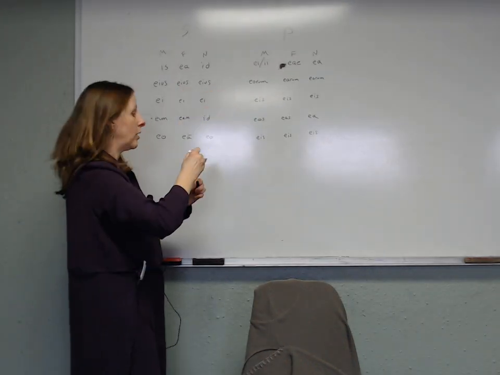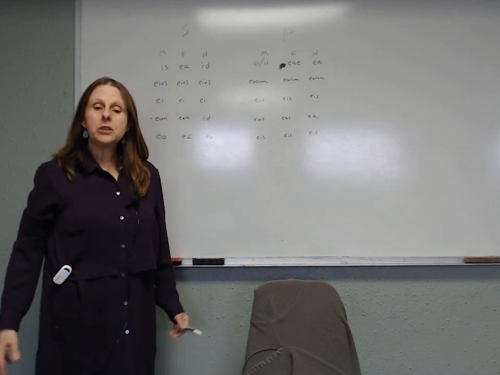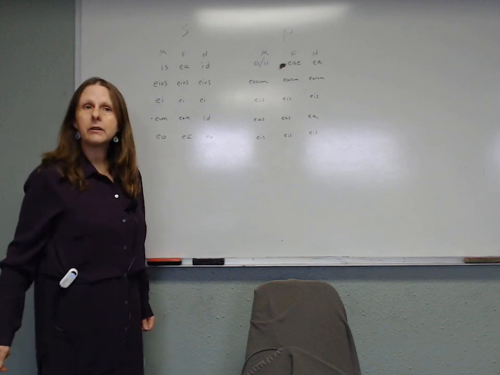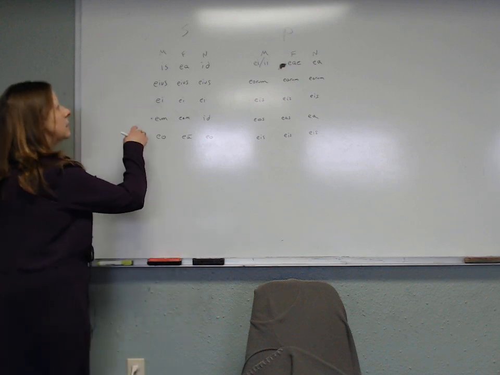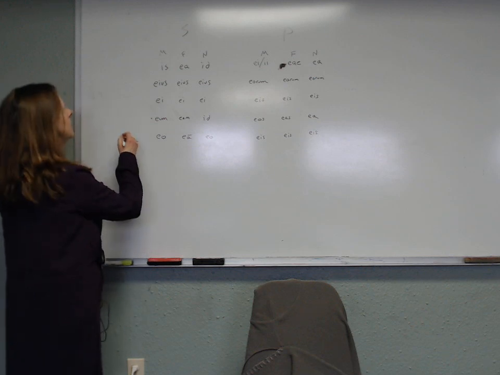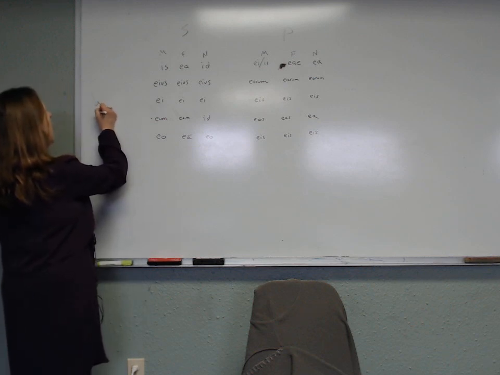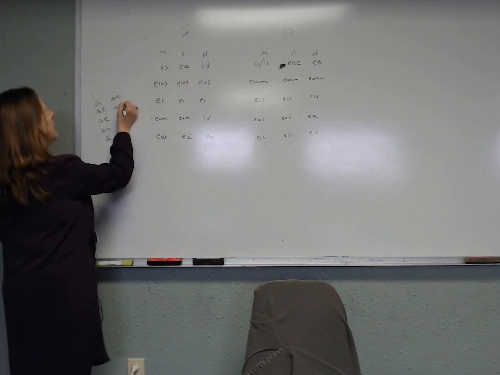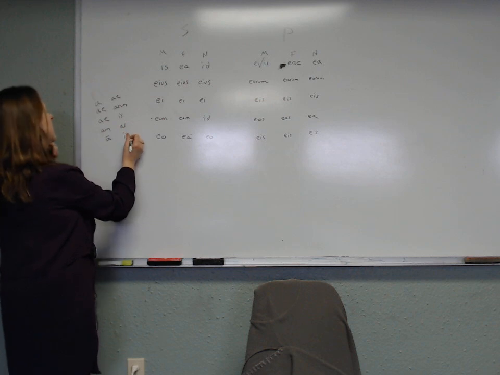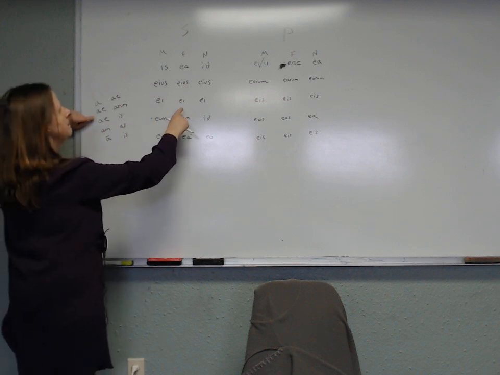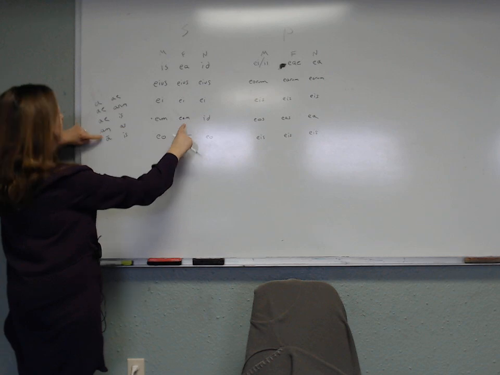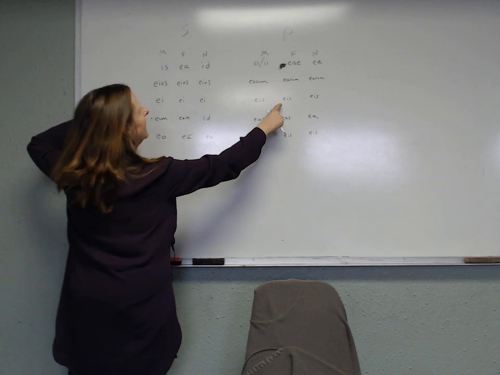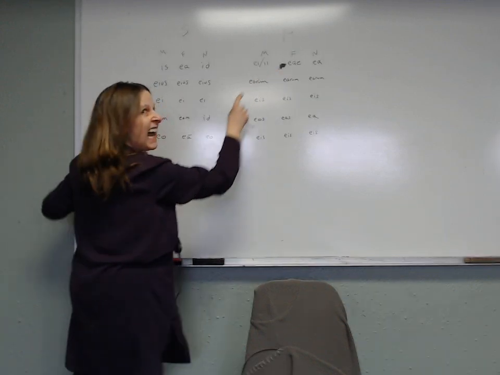Now, first of all, you don't really have as much to learn as you think. Because if you look closely at a lot of them, you're going to see the same endings. Like first declension endings: eam, ea, eis, eas, earum.